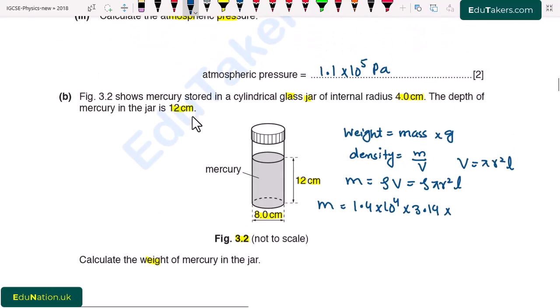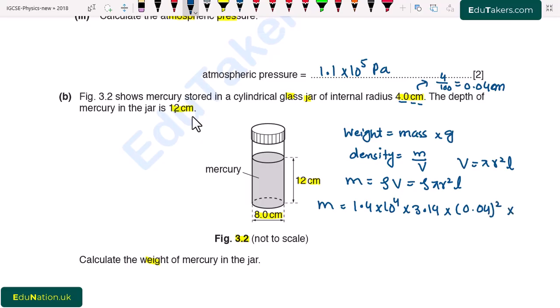It is given that the internal radius is 4.0 centimeter and we have to convert this radius into meters. So I divide it by 100 and it becomes 0.04 meters. So it will be 0.04 square multiplied by depth.